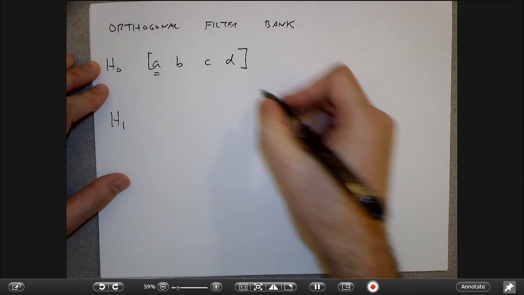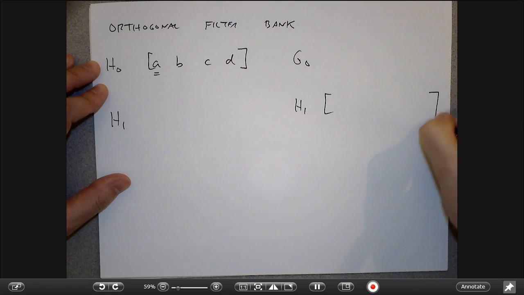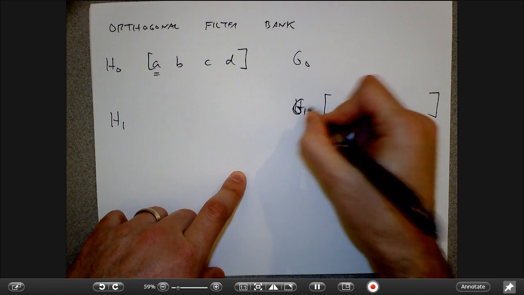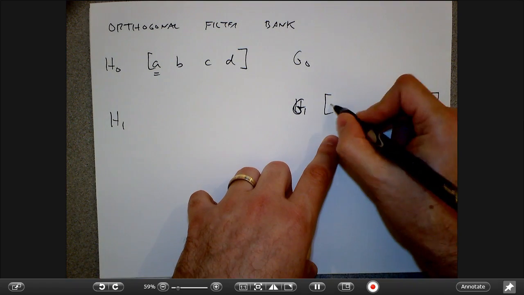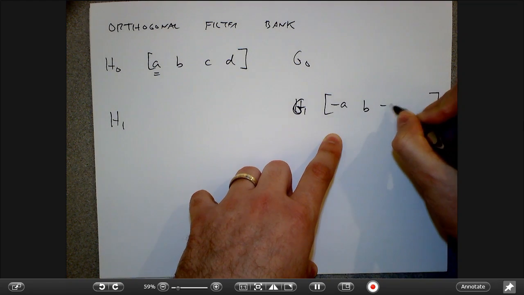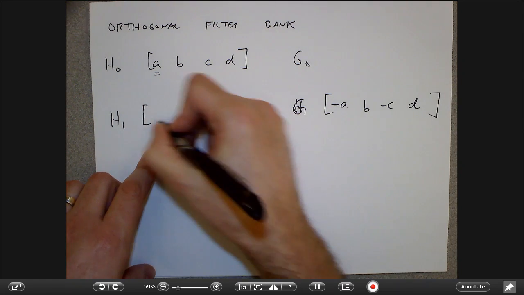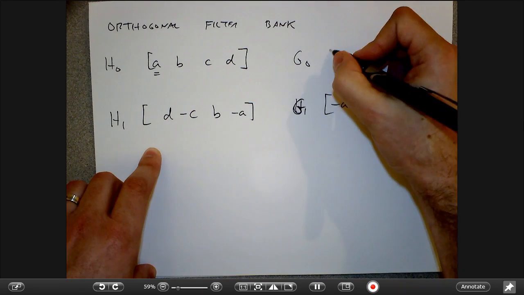So it's like saying that I already knew that H0 and G1 were related by something like this. But it turns out that if I make that choice, I get the same numbers appearing in these too.